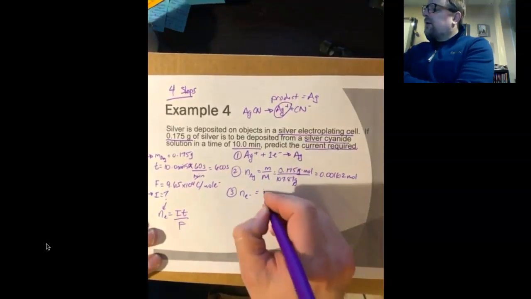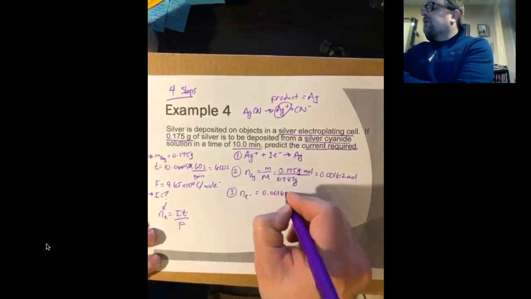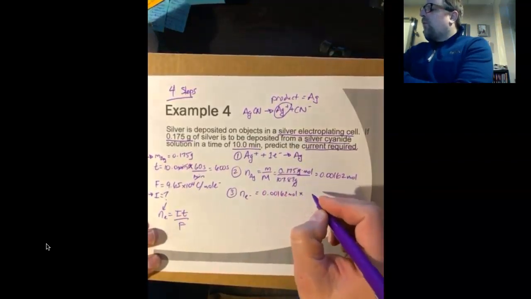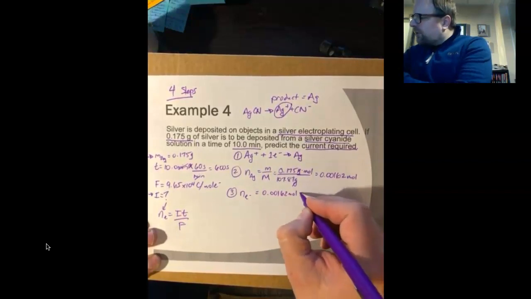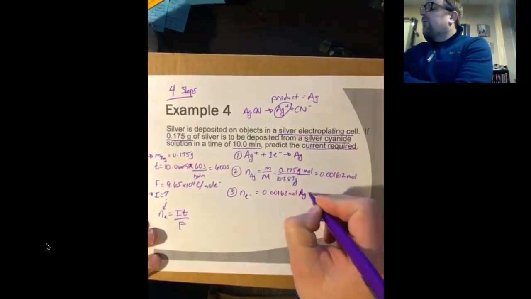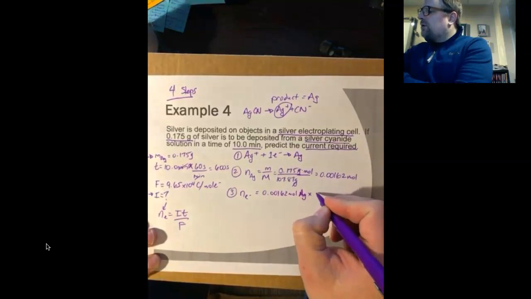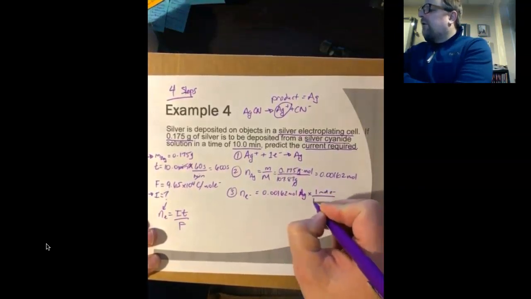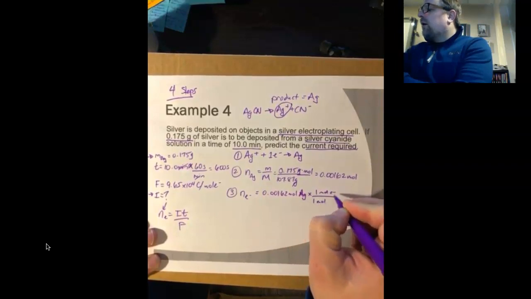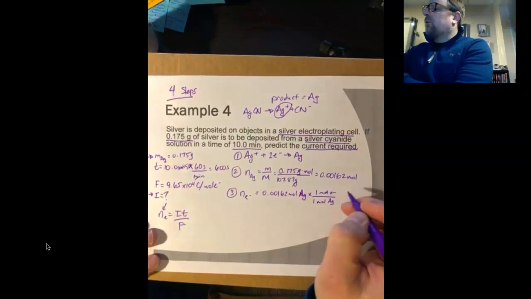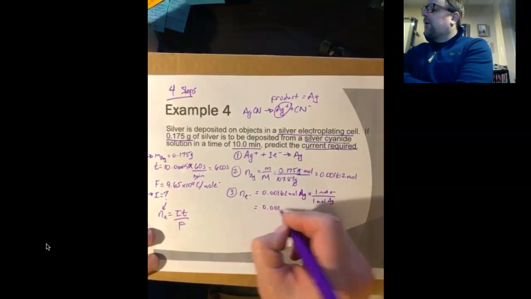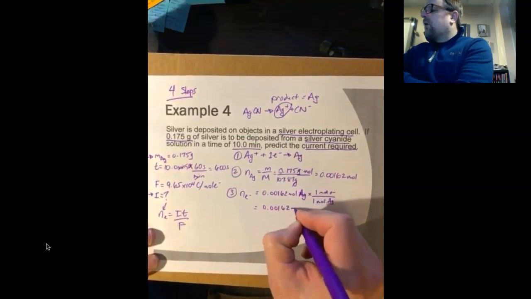So we're going to take our 0.00162 moles of silver and multiply it by what we want, which is 1 mole of electrons, over what we already have, which is 1 mole of silver. So there's 1 mole of electrons for every 1 mole of silver, and that is going to be the same number as we had before.